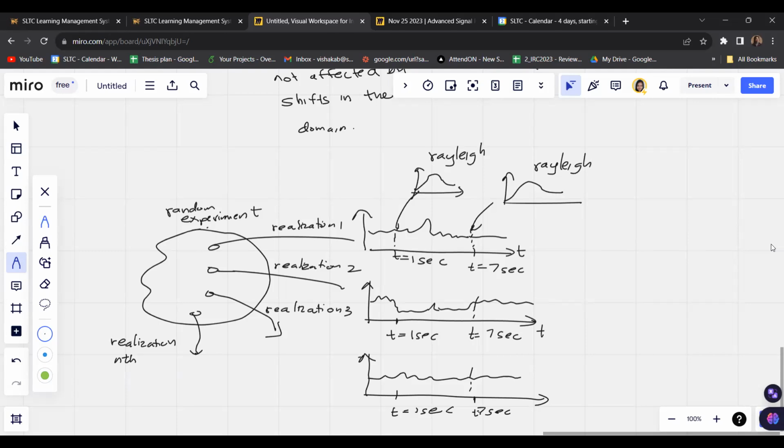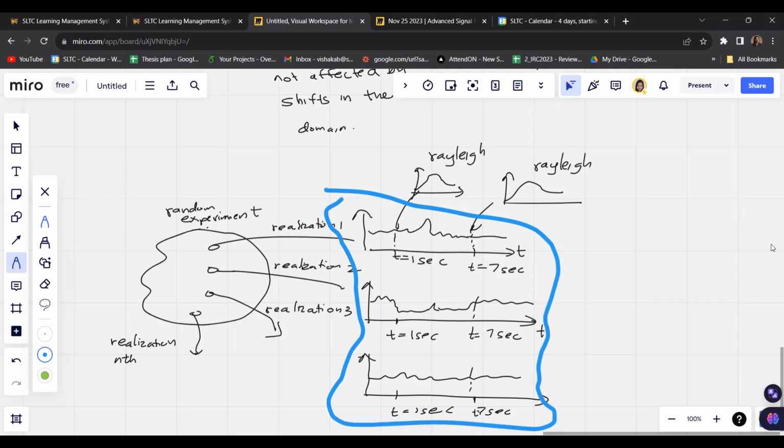then if this pattern exists for all the time instances of this sequence, we can say that in such a case, this entire random process that we consider, this random process that is defined by all these realizations, will be a strict sense stationary process.